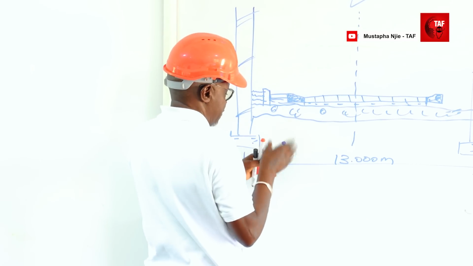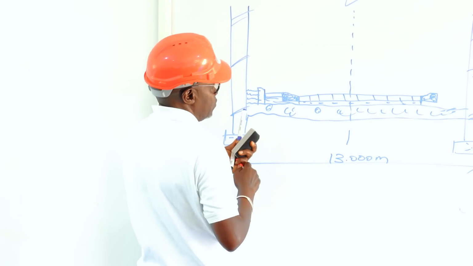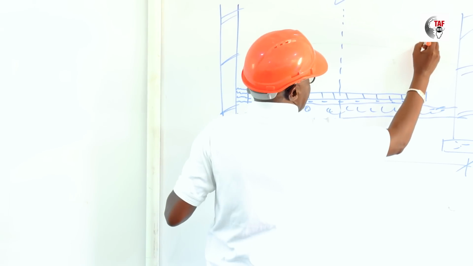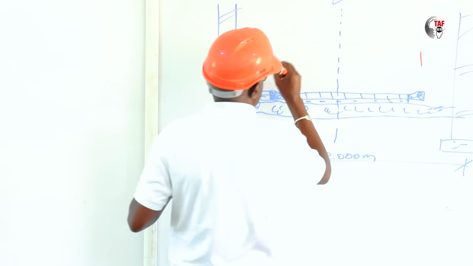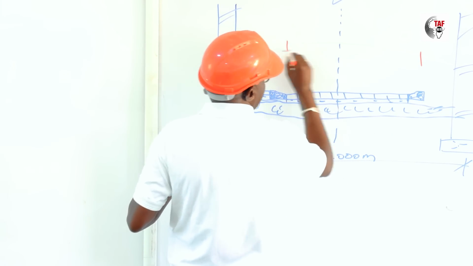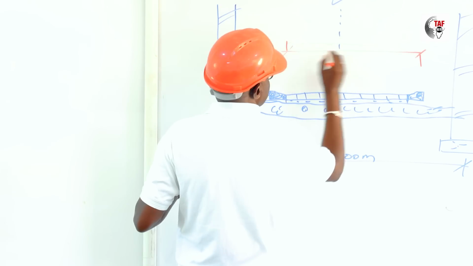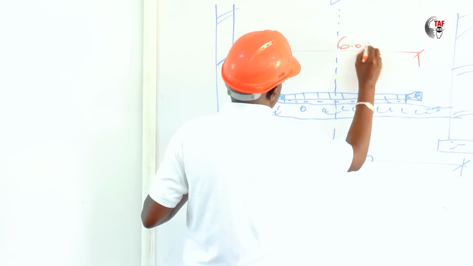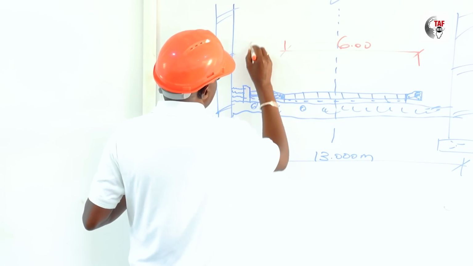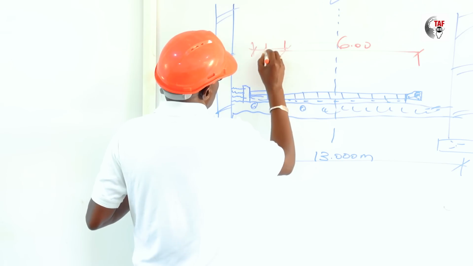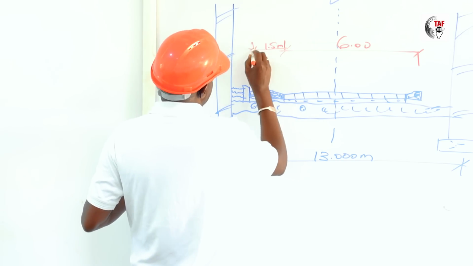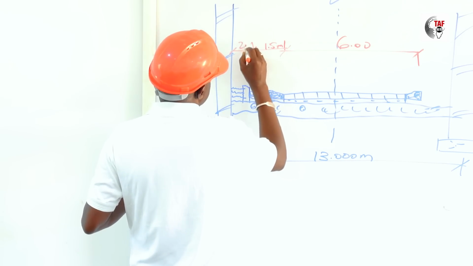So you're going to have the road itself, from there to there, 6 meters. And then from there to there, 1.5 meters. And then here is 2 meters for the garden.